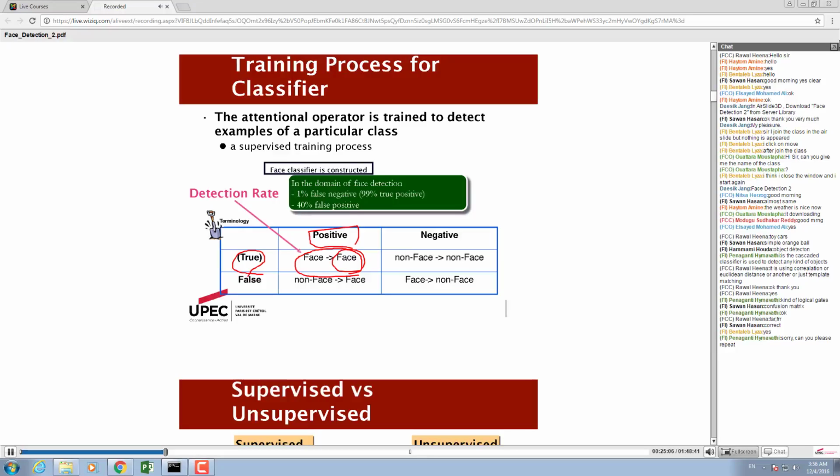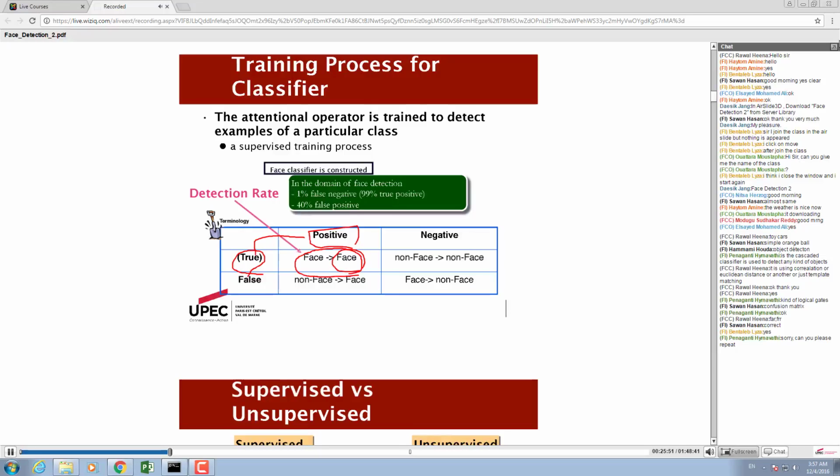Anyway, in the case when I input face and the classifier says yes, face, this case is called true positive. It means the classifier produced a positive answer. Because our target is face, positive means the classifier says face. And this answer is correct. That is true. So true positive.